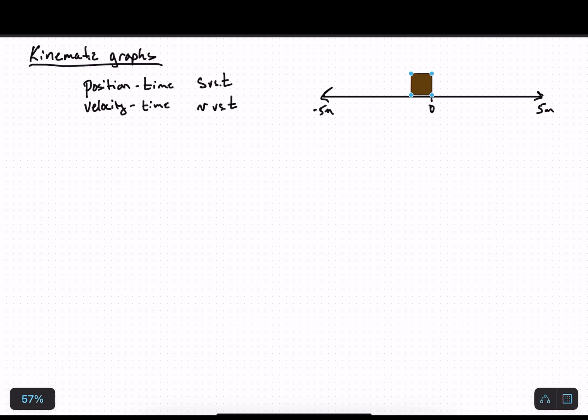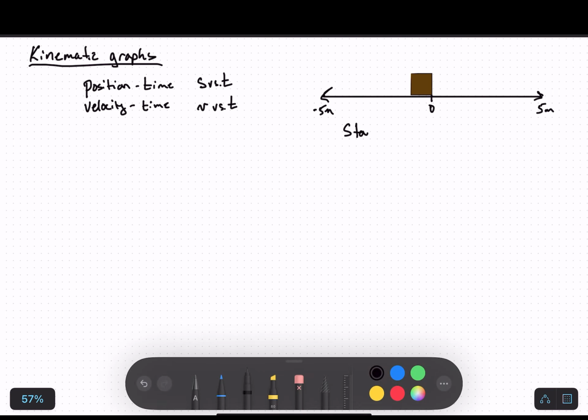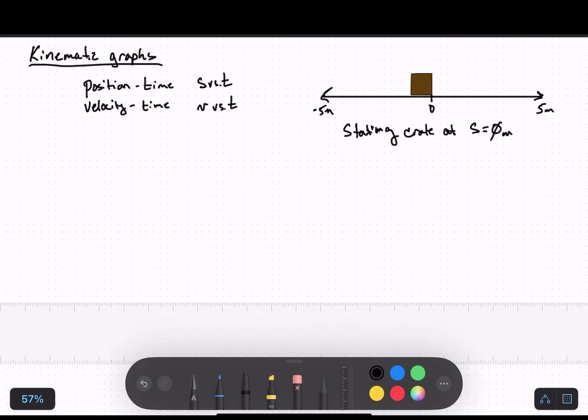Okay, so if this box is stationary, if it's just sitting there, so we have a stationary crate at S equals 0 meters. Okay, and as time goes on, it's not moving, and so this one is actually very simple.